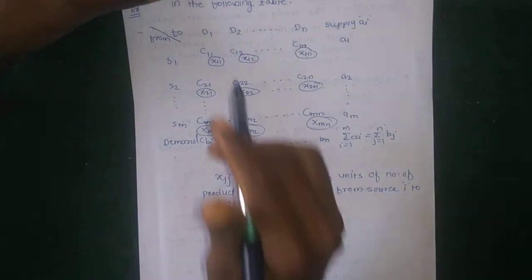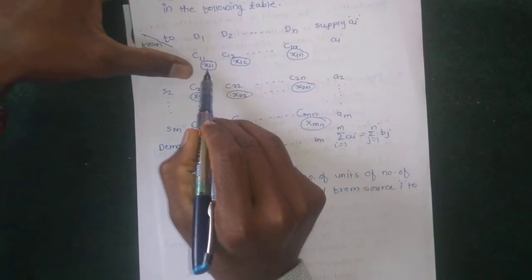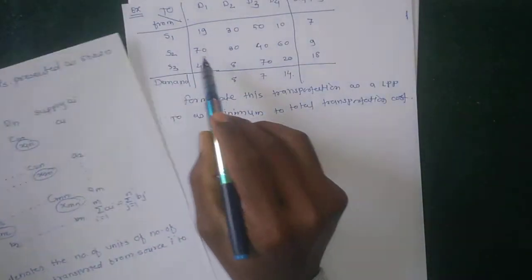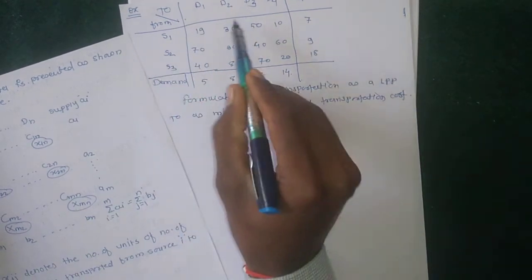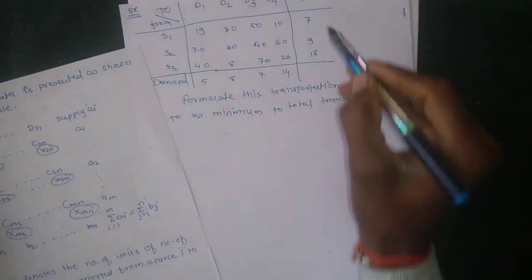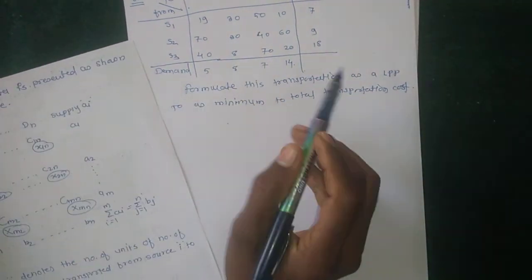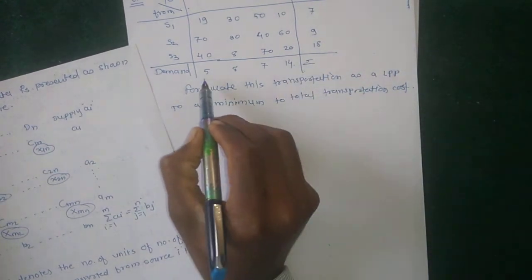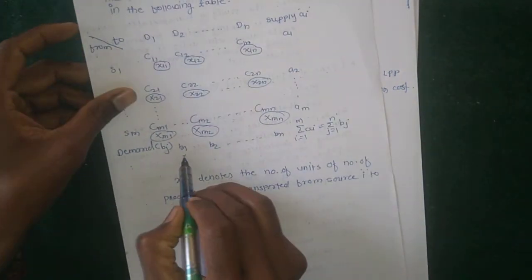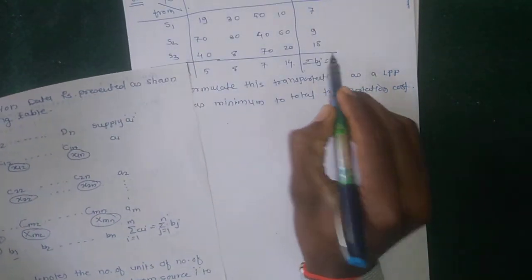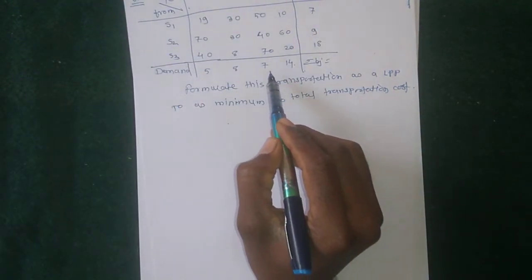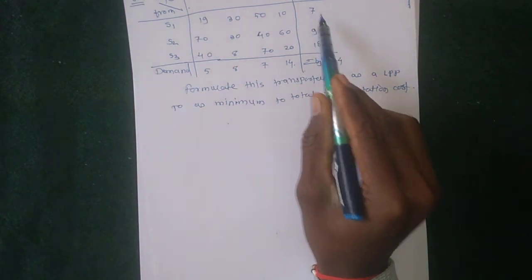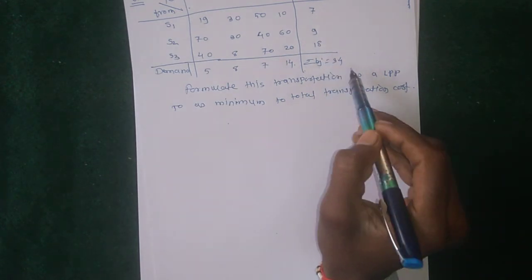The first cell is x11, x12, and so on up to x1n. Here the number of rows is 3 and the number of columns is 4. The sum of Bj is 5, 8, 13, then 20, 34, and the supply is 7, 9, 16 plus 18 is 34.